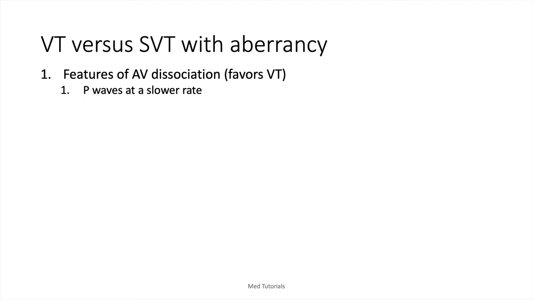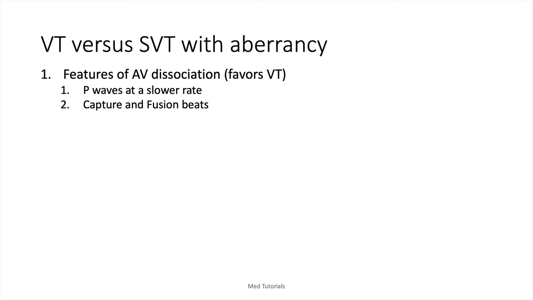So the ventricles depolarize at a much faster rate, and the P waves are appearing slower. Sometimes these P waves might be visible on the ECG, on some of the QRS complexes, because it's at a slower rate. It's seen once in a while.